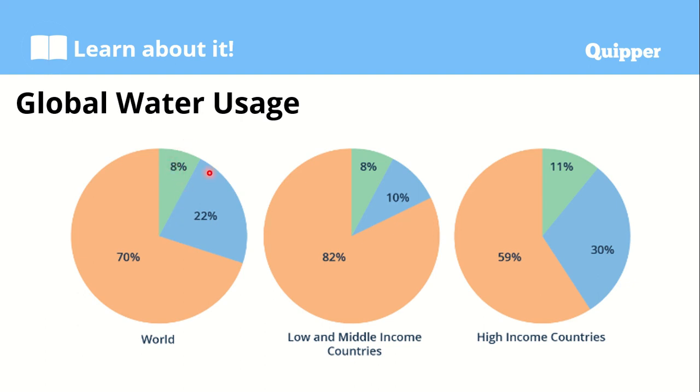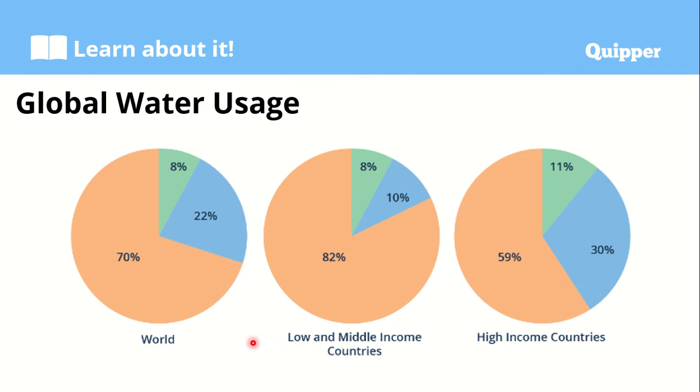Then this blue one is for the agricultural use or yung mga pagtatanim, pag-produce og isa ka product. So that is the totality of the global water usage in the whole world.